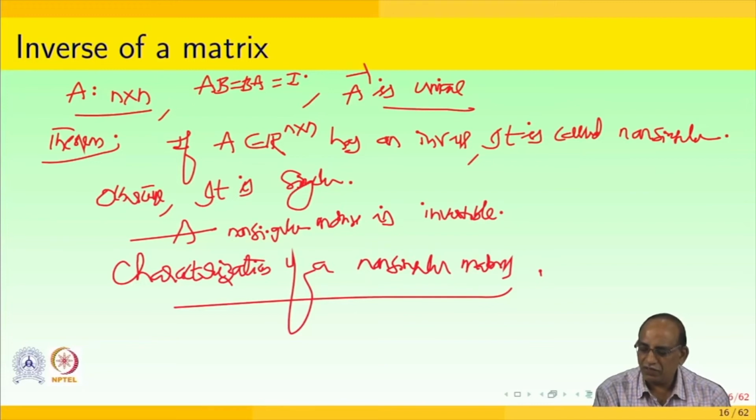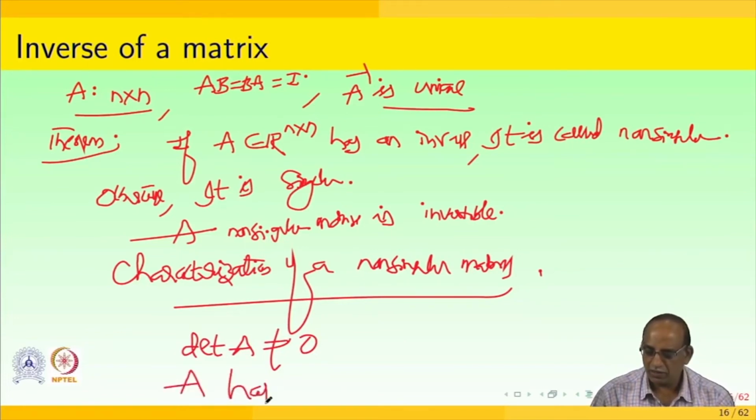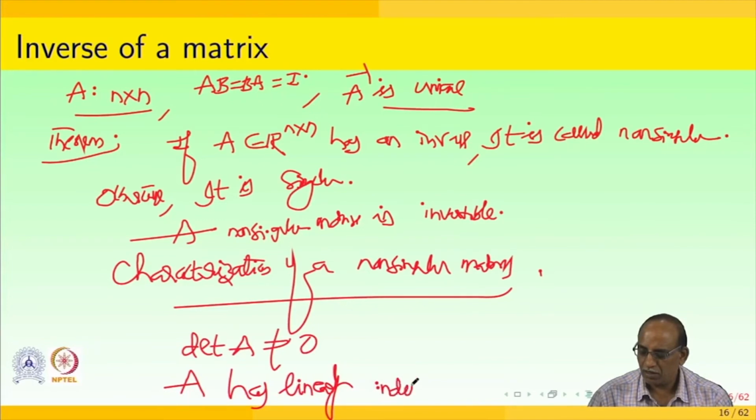The characterization of a non-singular matrix is: determinant of A is not equal to 0. A has linearly independent rows and columns.